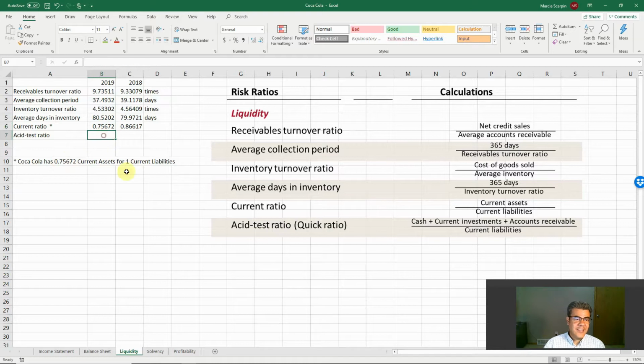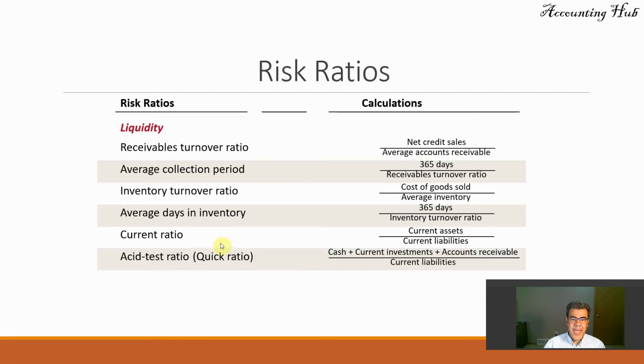And then the acid test ratio, that is basically the same as current ratio. However, we don't work with inventories. There are some textbooks that present this formula as current assets less inventory and less prepaid expenses. But this is the most current one.